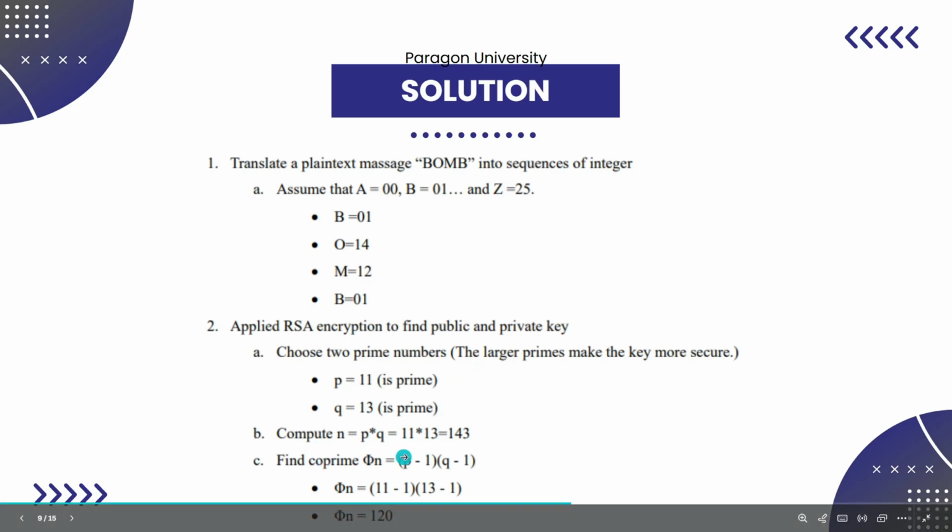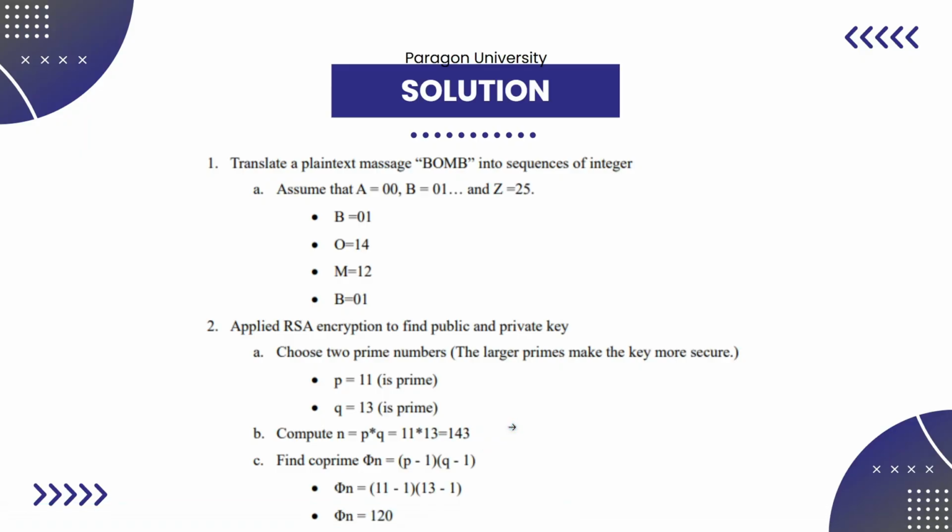In step B, we need to compute n equals p times q, and this is the result, 143. After that, we find phi, the totient, which is part of RSA encryption.